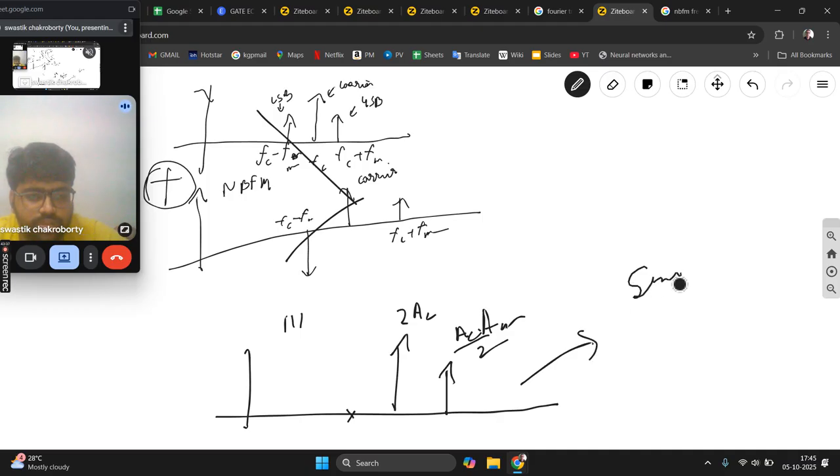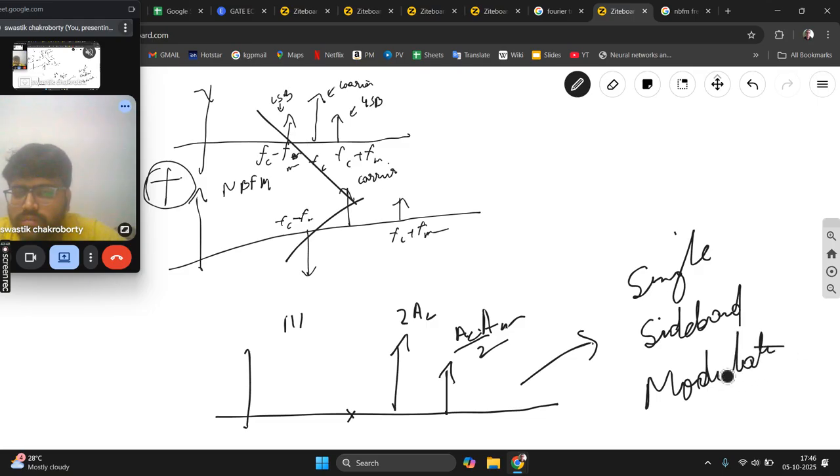So what it becomes eventually is single sideband modulation, or SSB.